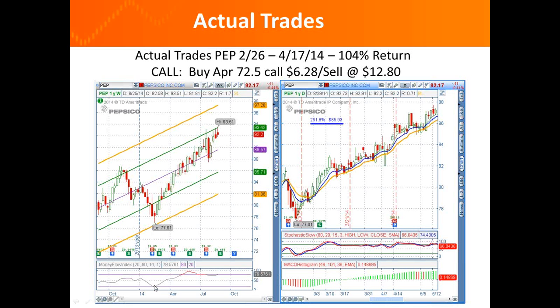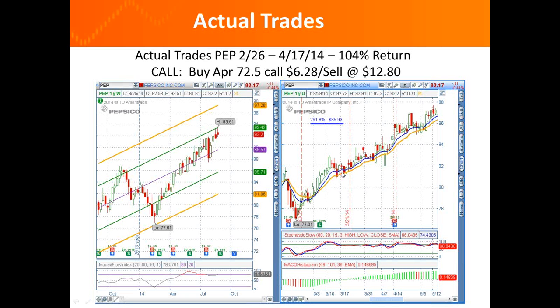The money flow actually started coming back into PepsiCo, so I went from the left-hand chart to the right-hand chart. At this point you can see I had a ready, set, go. We got into the trade, had a little bit of a pullback, and then it just blasted on up, following the ribbon all the way up.